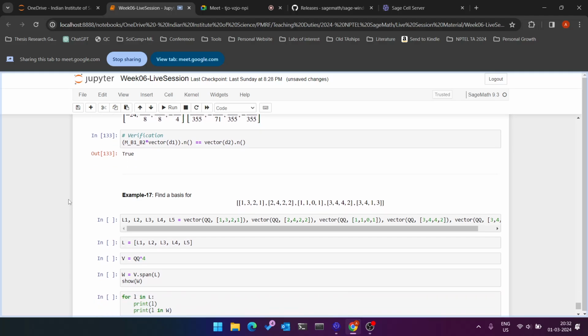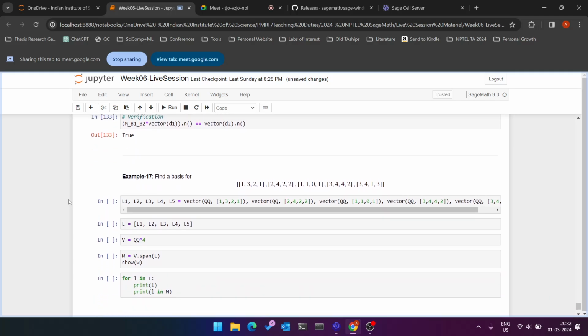Okay, now we move on to the next and final problem for the day. We have been asked to calculate a basis for a set of vectors given here. We have been given five vectors, each of them having four entries. So five four-dimensional vectors.